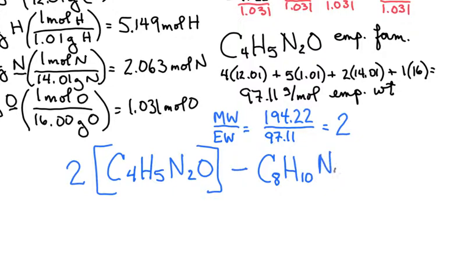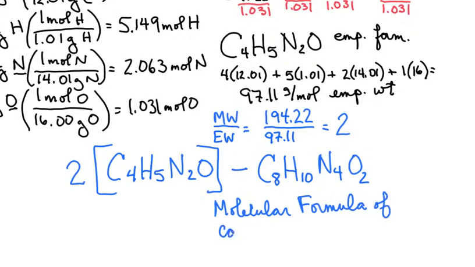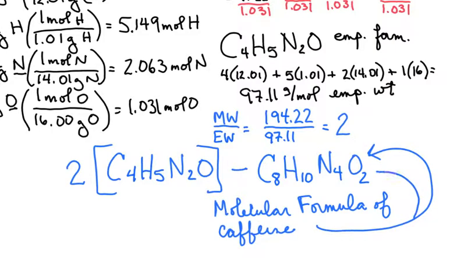And N2 times 2 gives us N4, and O2. So the molecular formula of caffeine is C8H10N4O2.